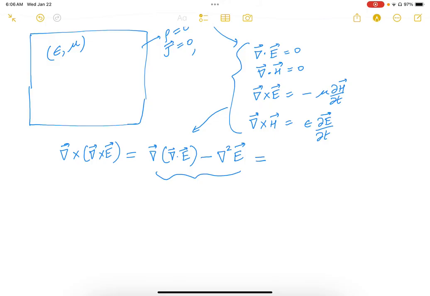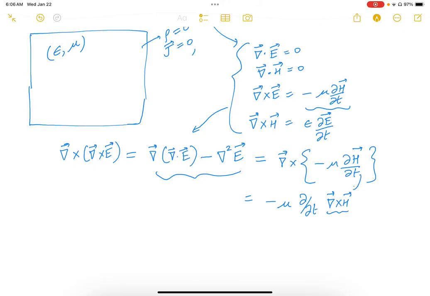And this is equal to the curl of what was in this equation, which is minus mu dH/dt, which is just minus mu d/dt curl of H. You can go from here to here because del and d/dt are independent of each other, so you can change the order in which you operate. And we know that the curl of H is epsilon dE/dt.